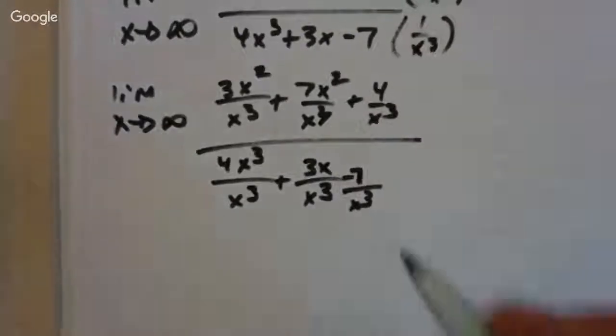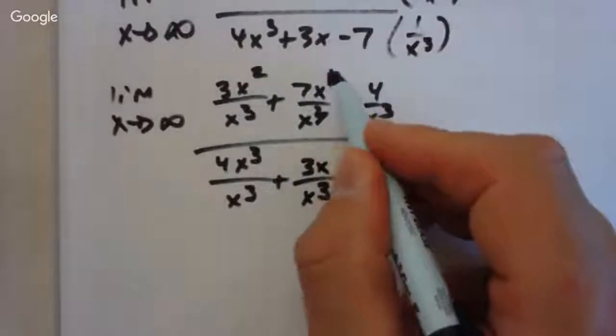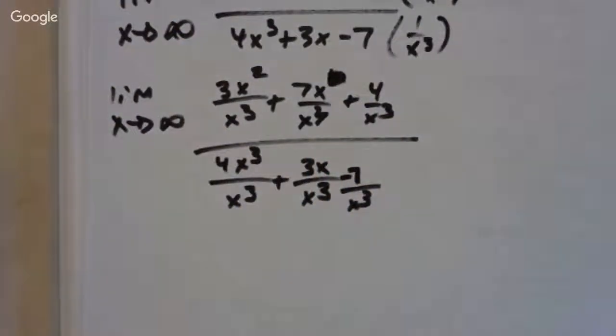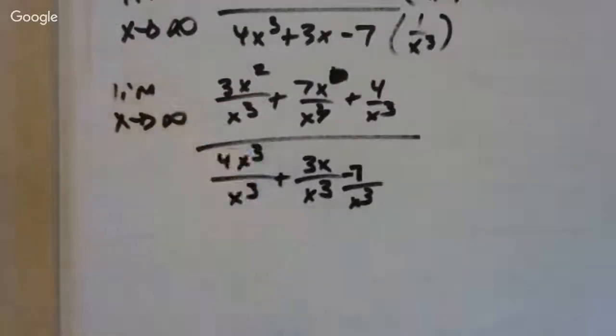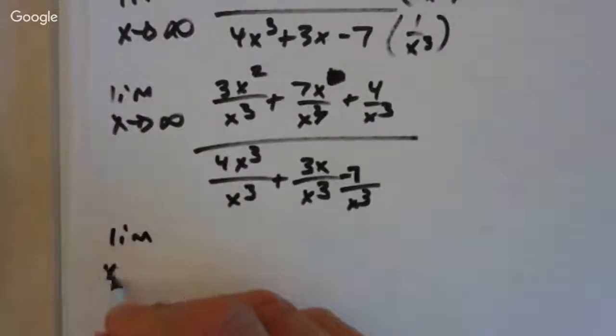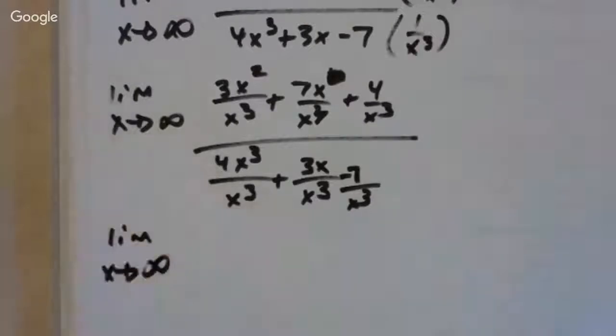Now I can do some simplification. Thank you, there's no square there. The x squared over the x cubed simplifies to just what? Have I done any calculus yet? No, I'm just doing algebra. I could have really shown you this in algebra 2, but I would have blown your minds away by making this harder than it needed to be.